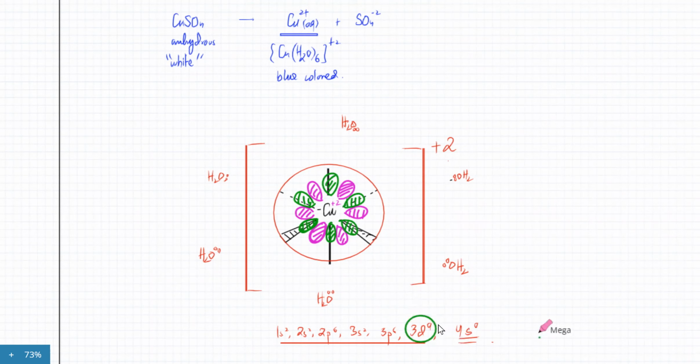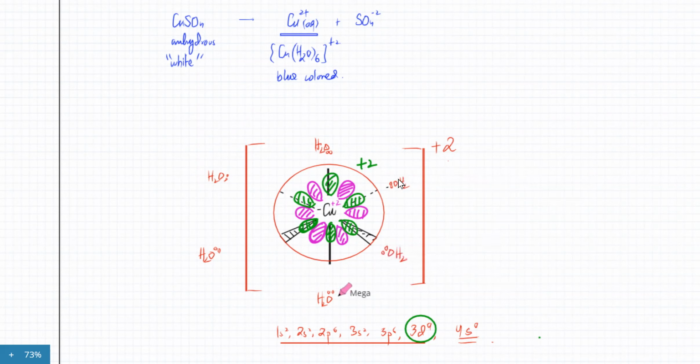Yes, sir. Okay. Also remember that this d subshell has absolutely nothing to do with these ligands, because this is the inner shell. This entire copper has a charge of +2 because it lost 2 electrons. So the copper +2 is going to attract all these lone pairs from the ligands from all sides.